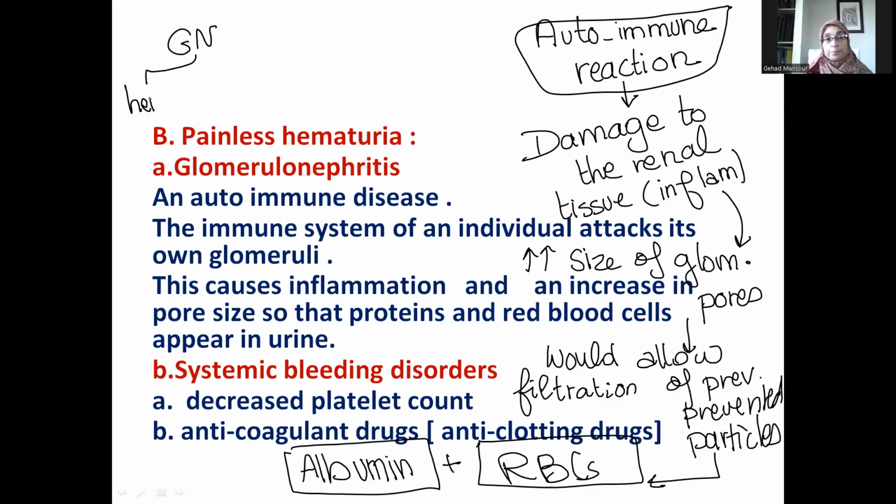The first one is hematuria, or the presence of red blood corpuscles in urine, and the second one is albuminuria, which is the presence of the protein albumin in urine. And both the abnormal appearance of RBCs and the abnormal appearance of albumin in urine are due to enlarged pores.